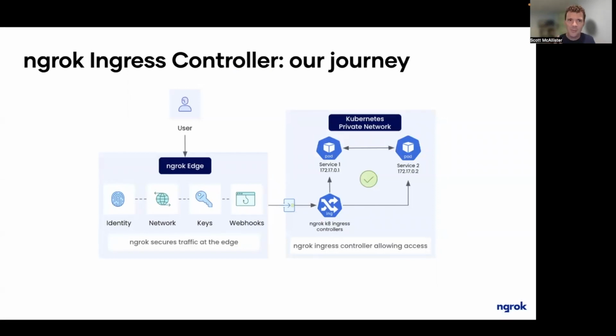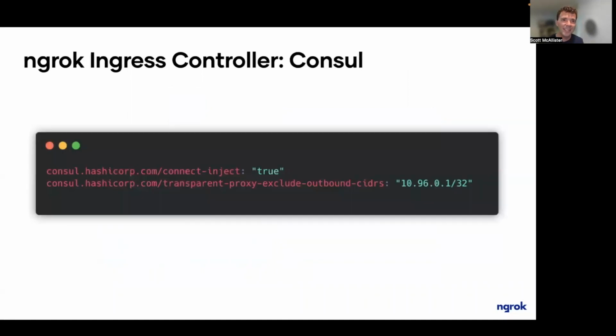But remember, we also had the goal that not only did we want to provide ingress to Kubernetes clusters, we wanted to seamlessly integrate with other objects inside of Kubernetes as well. So now, with things like Consul, you're able to integrate, because Consul and the Ingress Controller for ngrok both use Helm.